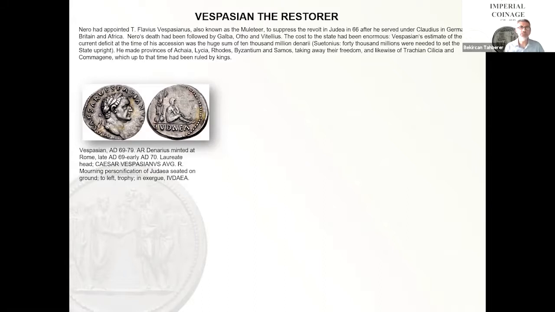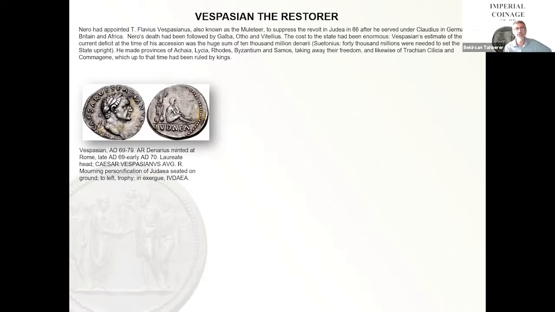During his time, he made certain provinces part of the imperial realm. So Achaia, Lycia, Rhodes, Byzantium, and Samos were taken from their kingdoms or vassal kingdoms.